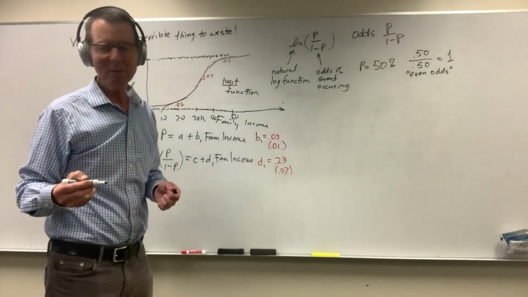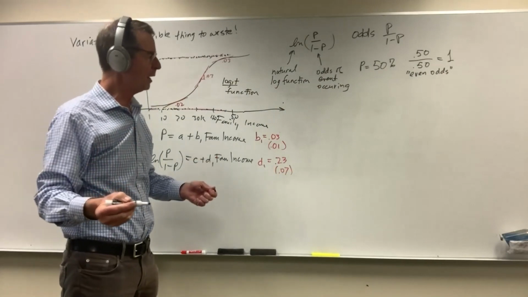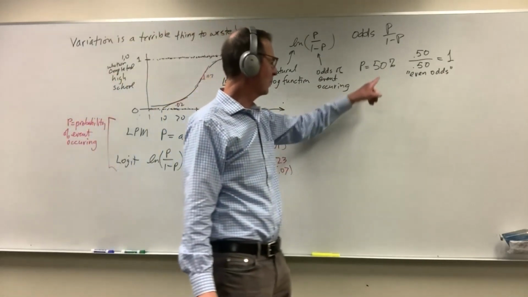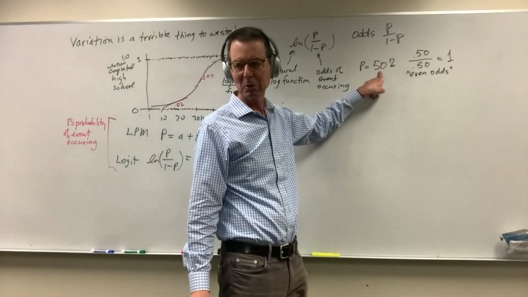So if it's an odds ratio of 1, that translates directly into a probability of 50%. So they're not at all the same.